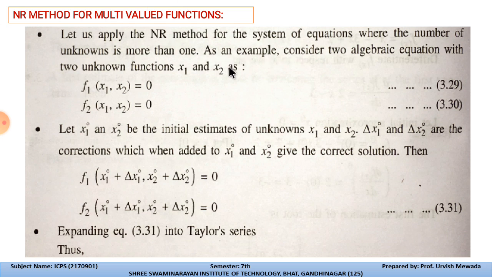As an example we consider two algebraic equations with unknowns x1 and x2. Function f1 of x1 and x2 is equal to 0, and function f2 of x1 and x2 is equal to 0. These two are the equations.